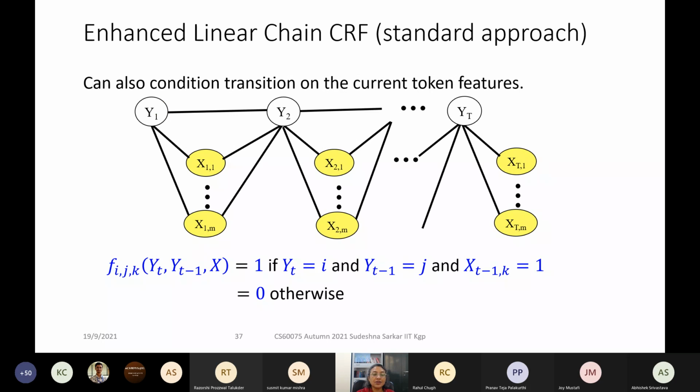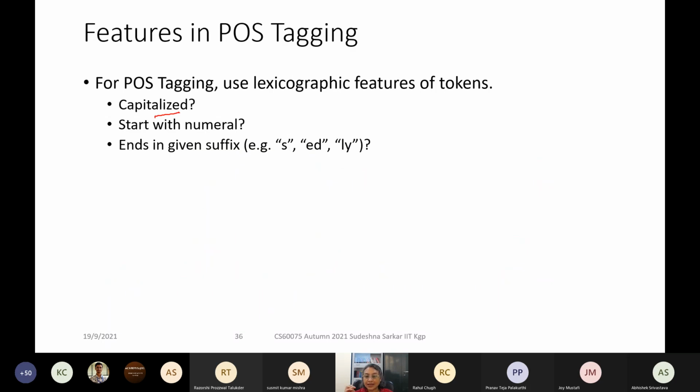The ability to add features helps us bring in more domain knowledge, and that is why for different tasks such as named entity recognition, CRF is found to be more powerful than HMM. For part of speech tagging for a language like English, even HMM is very effective.